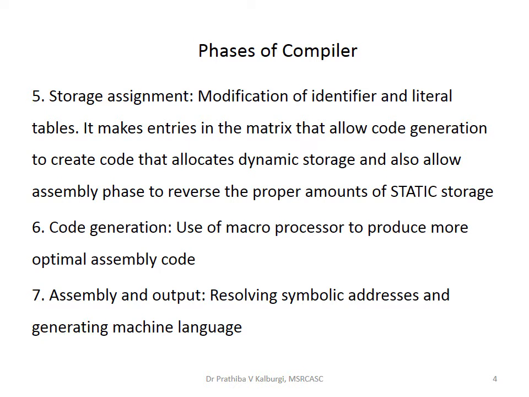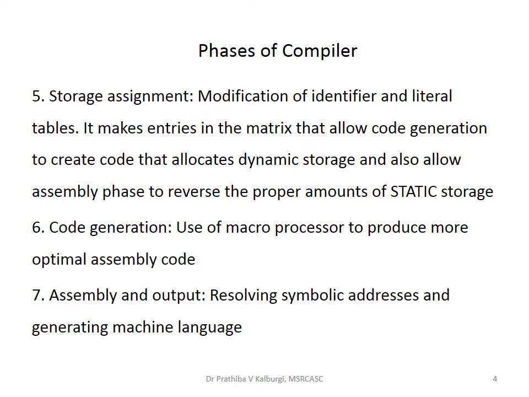Now coming to the fifth phase, that's nothing but the storage assignment. So what is the storage assignment? It's nothing but it is going to modify the identifier as well as the literal table. So it makes entries in the matrix that allow the code generation to create code which is going to allocate the dynamic storage and also allow the assembly phase to reserve the proper amount of static storage, that is nothing but the storage within your RAM.